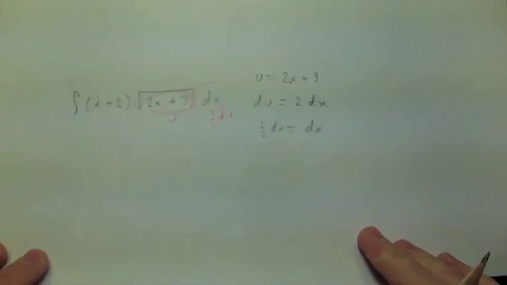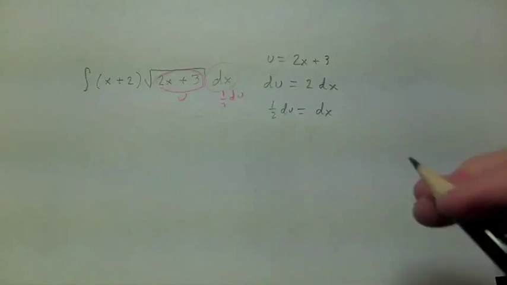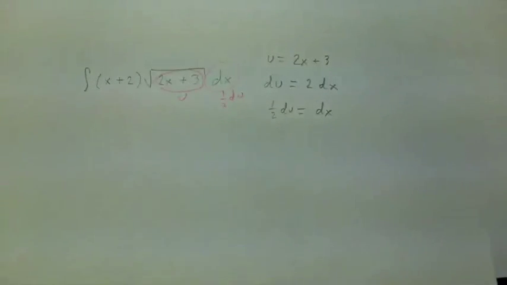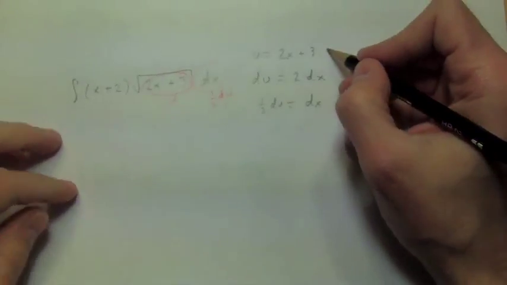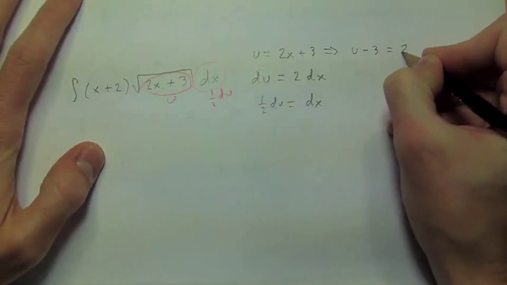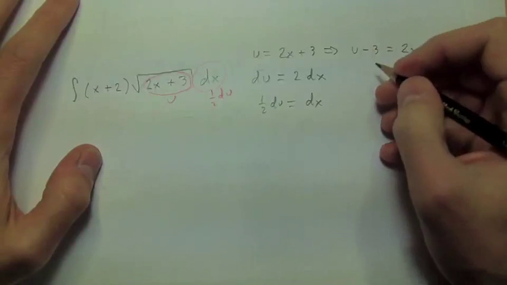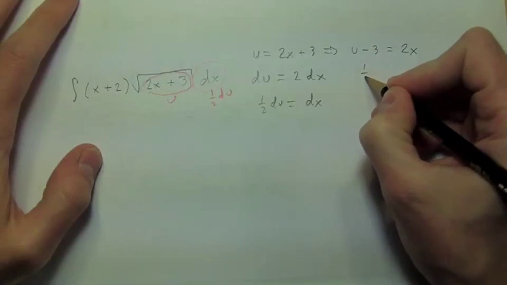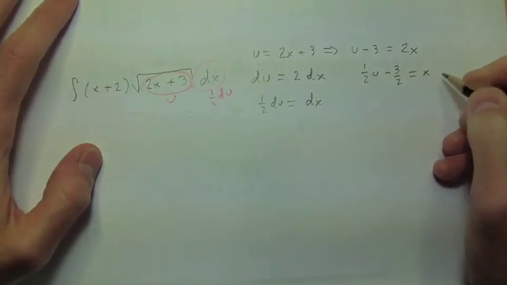So to deal with that, what we're going to do is solve this thing for x. It's as simple as that. So essentially, I have that u minus 3 is equal to 2x. And if I divide both sides by 2, I get that 1/2 u minus 3/2 is equal to x.